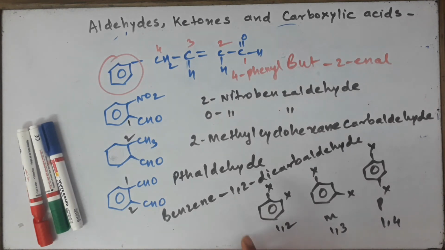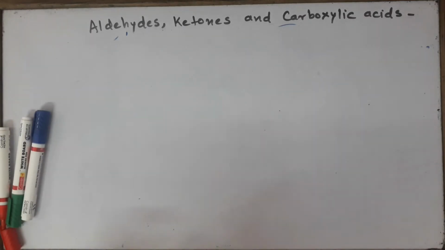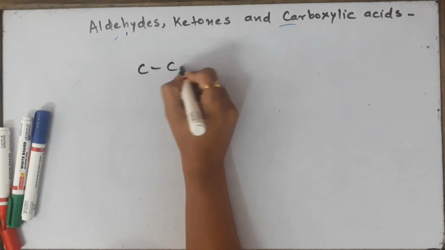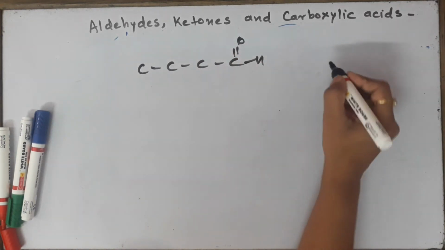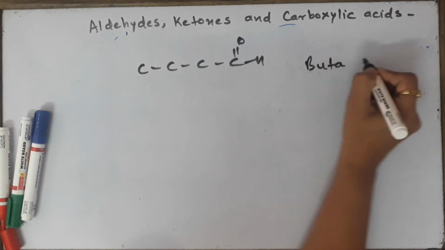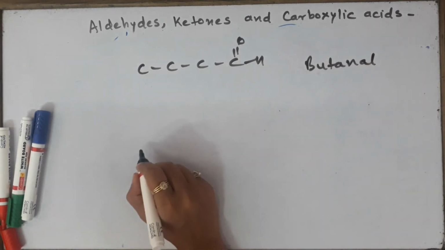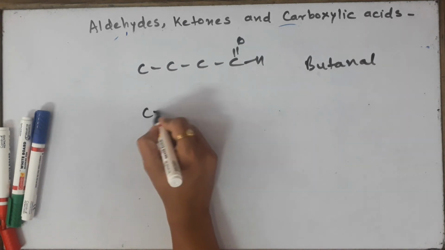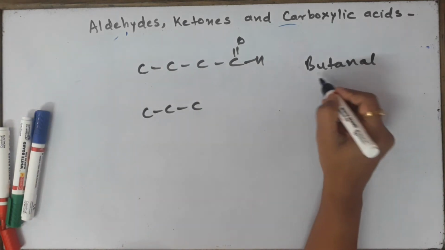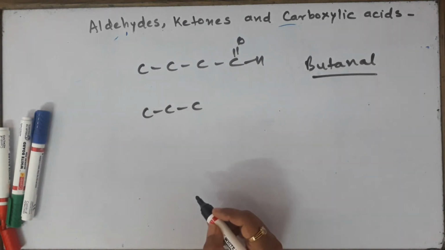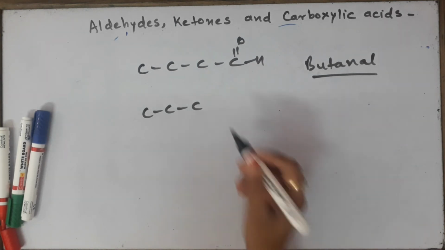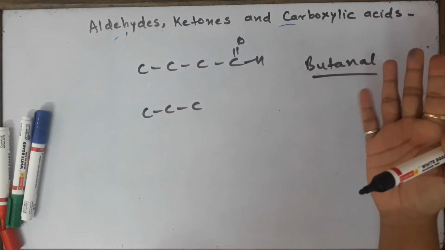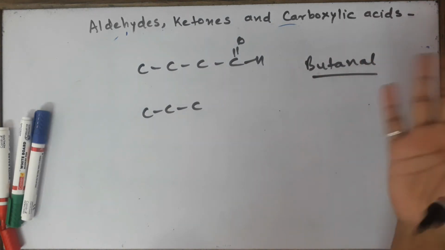I'll take one more important example now. Let's take the example of one famous compound like this. This is your butanal, and it's going to be your IUPAC name, and its common name, if you want to talk about, it's going to give you butyric acid upon oxidation, butyric acid.